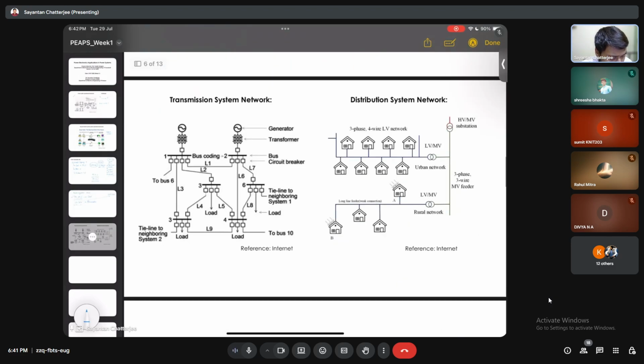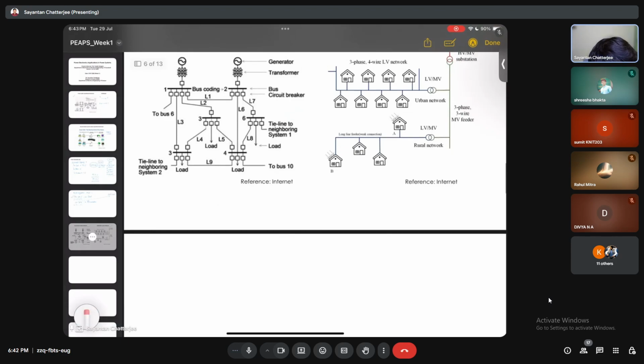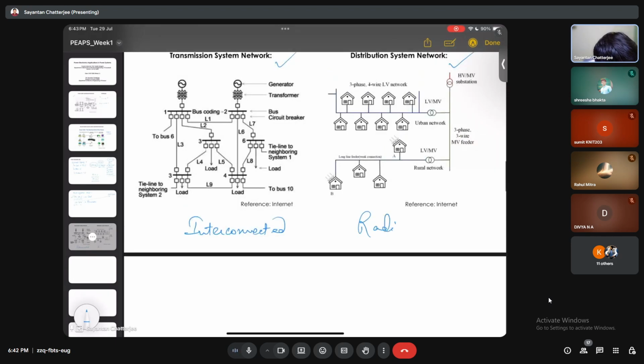This is the basic overview of the transmission network and distribution network. I won't go into much detail, but I'm trying to show that this is an interconnected network. Transmission is mostly interconnected, whereas distribution you will mostly see radial in nature.